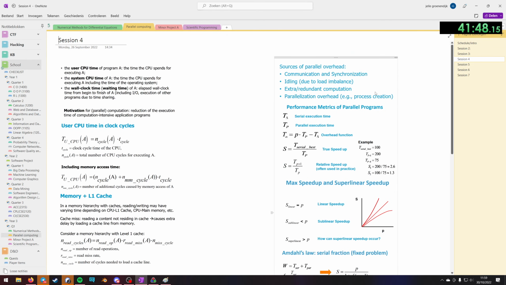How must n increase? So, the interesting part, how fast must n increase in order to give the same efficiency?